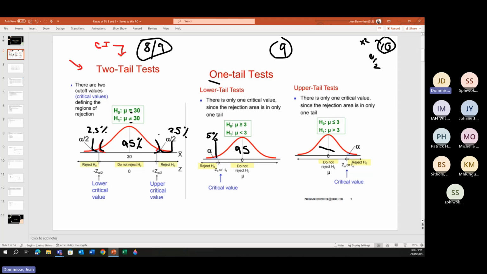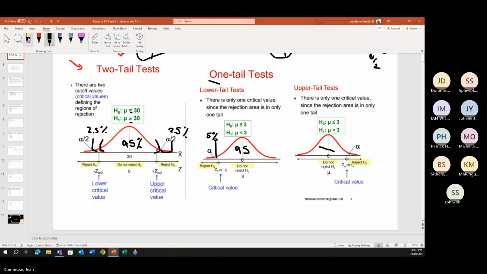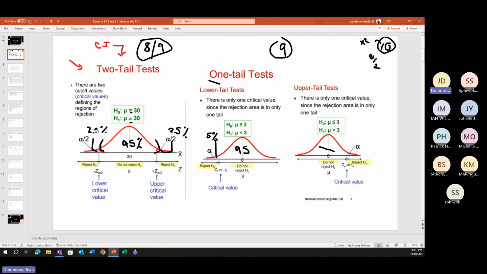Again, I will share the slides afterwards so that you can also see, and that's why I'm also going to take some of these out again, so that you can use this slide also for when to reject and not reject.